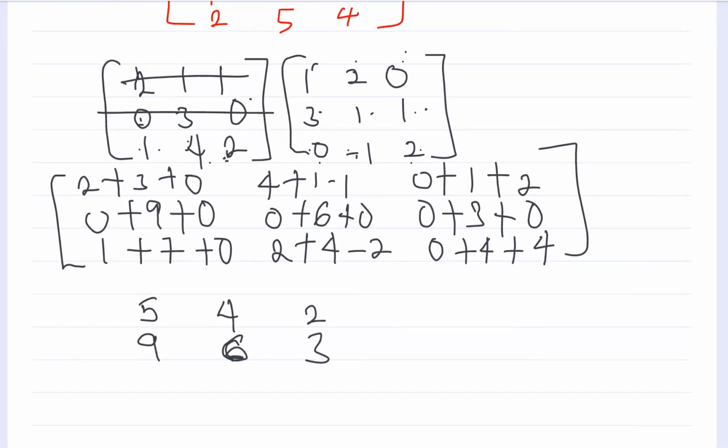All right, then this is 8, this is 4, and this is 8. So you can see clearly from here that our AB is not equal to our BA.